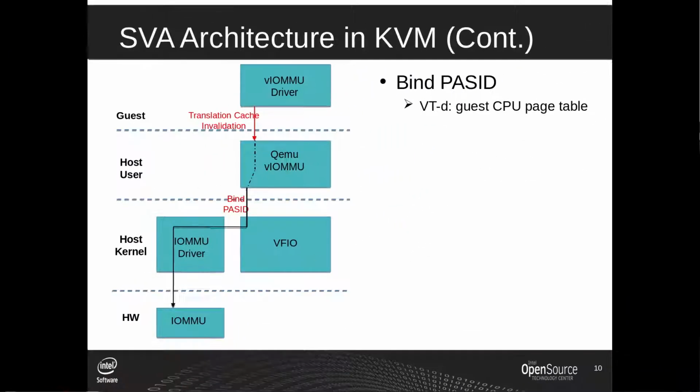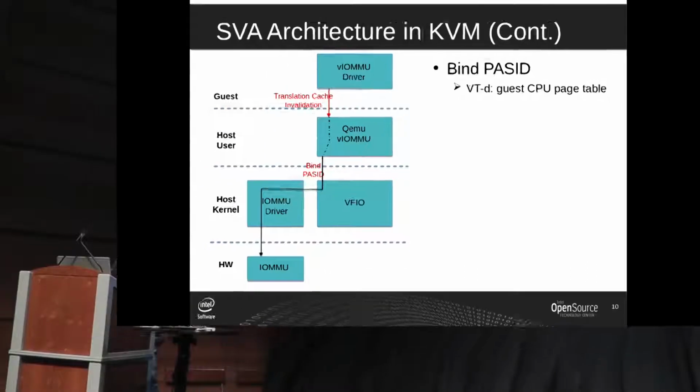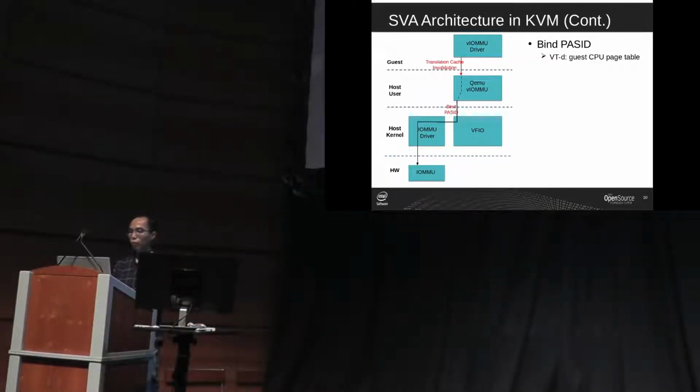To enable SVA usage in the operating system, first we need to bind a PASID. On VT-d, we will bind the guest CPU page table when in a virtualization environment, and it will be forwarded to VFIO and then programmed to the host IOMMU driver, so that the guest page table is programmed to the host side.